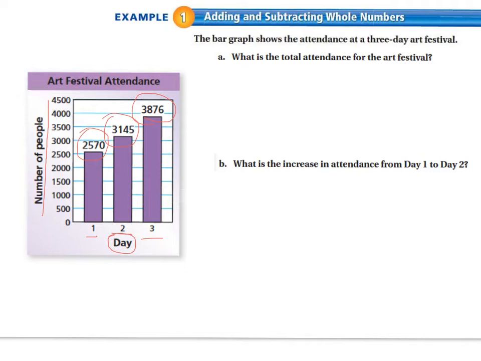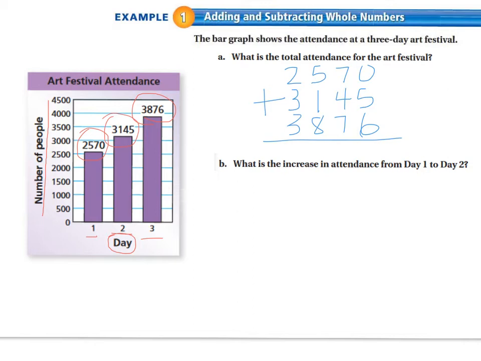So I'm going to line up the numbers for days 1, 2, and 3 by their place values and then add them. Day 1, 2,570 people. Day 2, 3,145 people. And day 3, 3,876 people. And I'm going to find the sum, which is an addition problem.